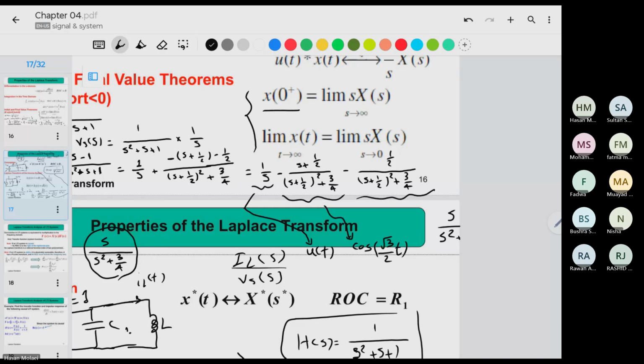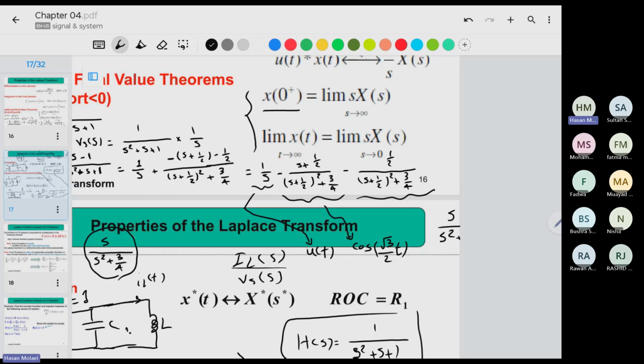But for this one, the difference is I changed s to s plus 1/2, which means a shift in the s domain.